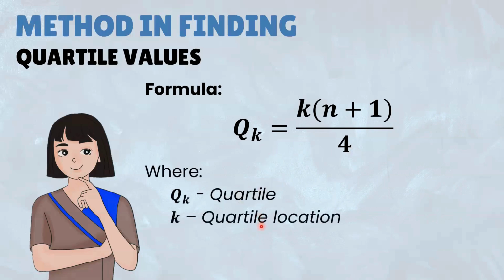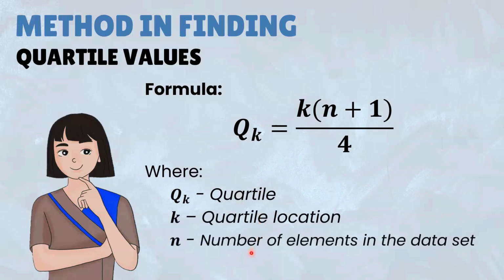Our k is our quartile location. And finally, n is the number of elements in our dataset. Let's say, for example, after we use this formula, the result is 2. It means that our quartile value is located in the second position. Not that our quartile value is equal to 2.